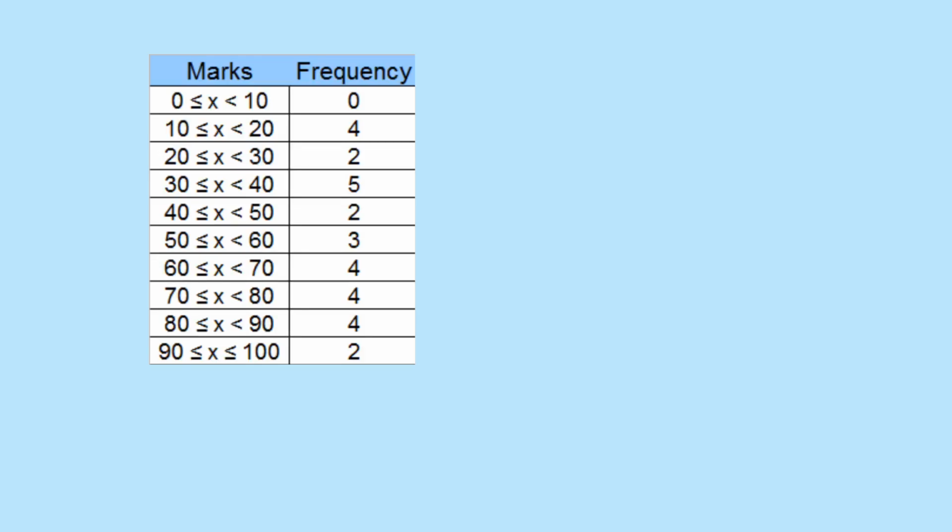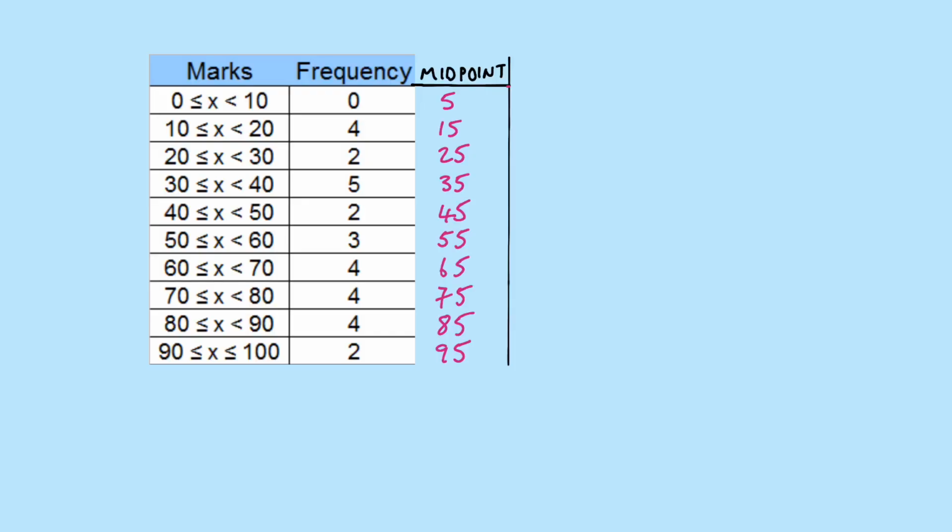So the first thing we do is we work out the midpoints of all these intervals. So between 0 and 10, it's 5. Between 10 and 20, the midpoint is 15. Between 20 and 30, it's 25, and so on.